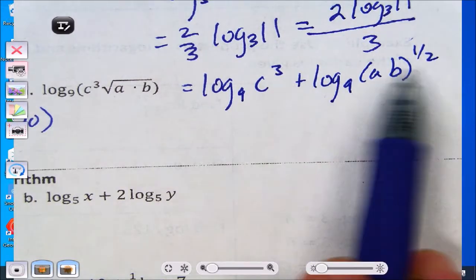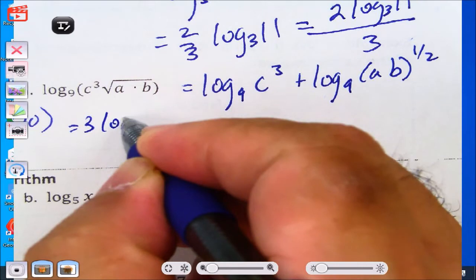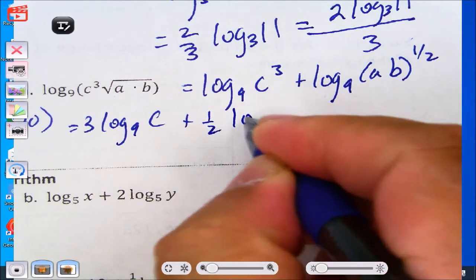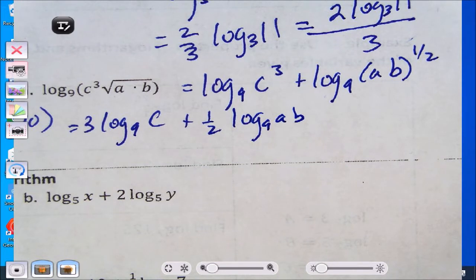Now let's start dealing with the exponents. So it's going to be 3 log base 9 of C. So I bring down the 1/2. It's log base 9 of AB. Am I done? No. Why not, Tyrese?